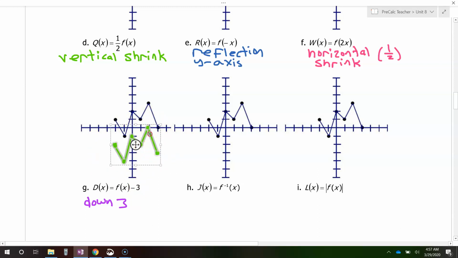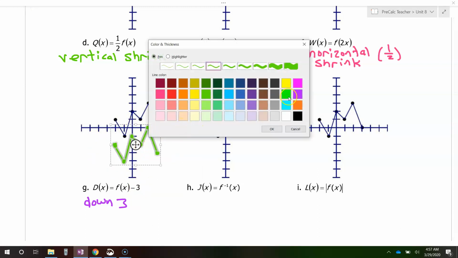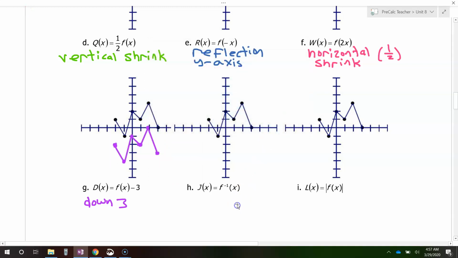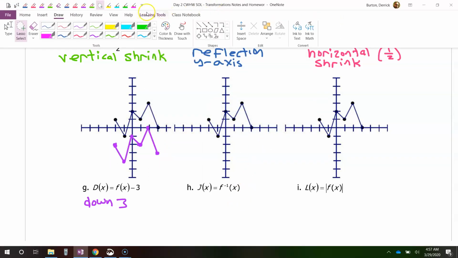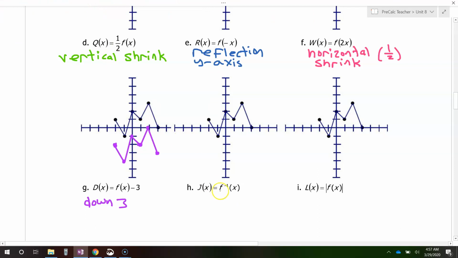Now this one should be purple, shouldn't it? Oh, the inverse, man. That's what this is. The little -1 is the inverse. I think I'm going to try doing the ordered pair method this time.